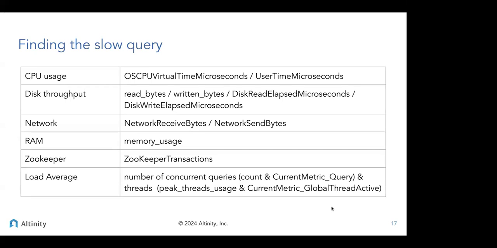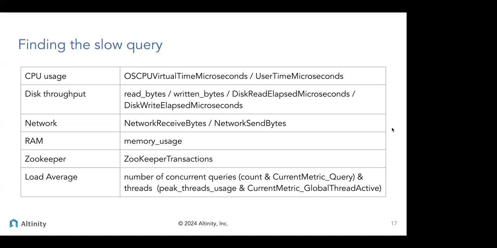And here is a table which helps you map those bottlenecks in the system to particular fields or profile events in the query log. For example, CPU usage maps directly to the profile event called OS CPU virtual time microseconds. Disk throughput is mostly about read and write bytes.